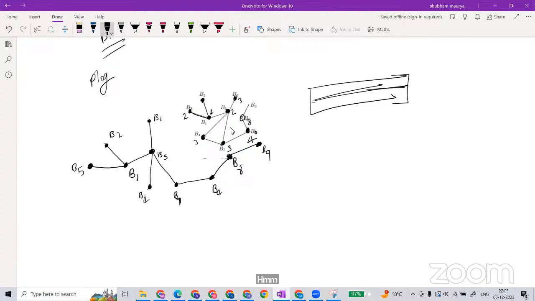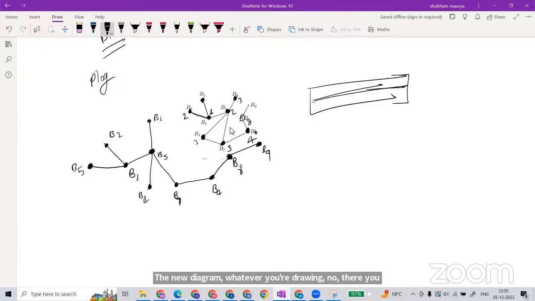So after B7, you visit B4. From B4 to B8, there is no direct connection, right? That is what you have written in the diagram, B4 to B8.